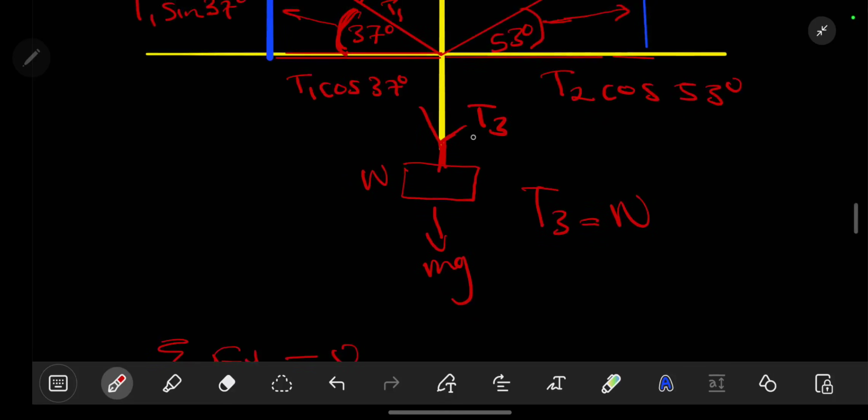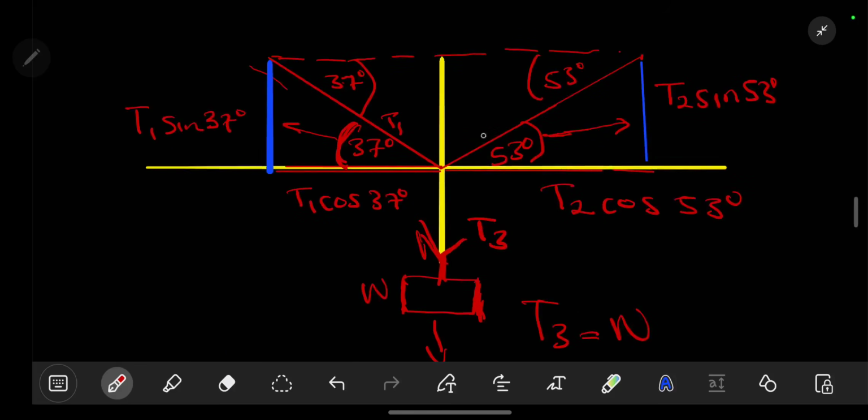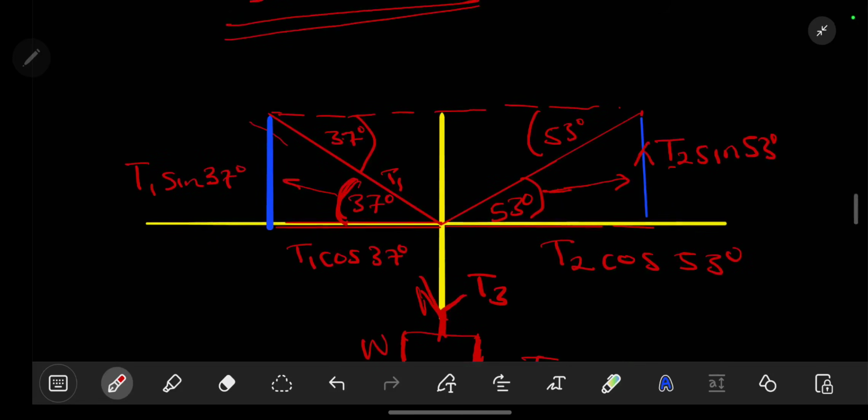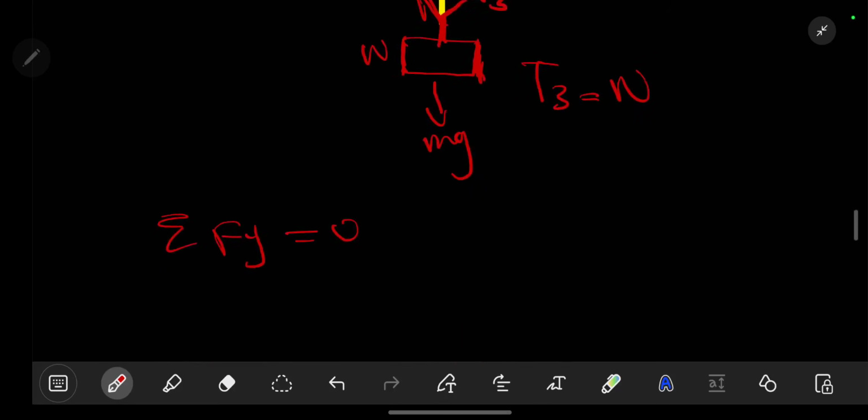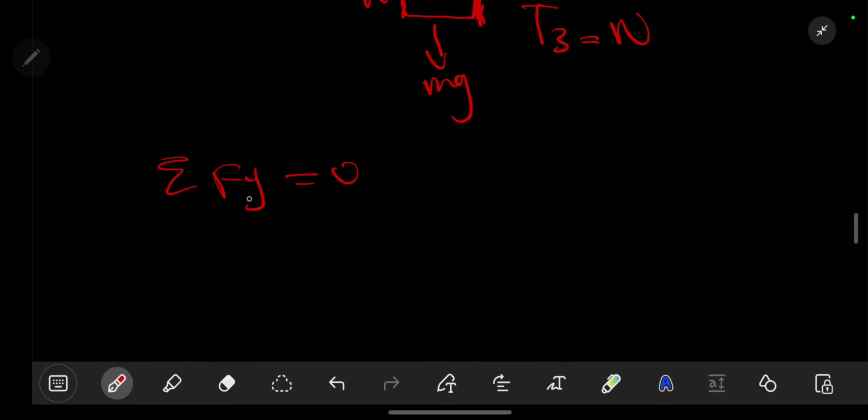Now this tension number 3 was acting up with respect to this weight. But if we consider the whole system, the tension is acting downwards. We have the upwards, which are T2. So as you can see, the ones that are on the sides are acting up. So we are going to say our summation of forces in the y, as long as it's in static equilibrium, shall always be equal to 0.